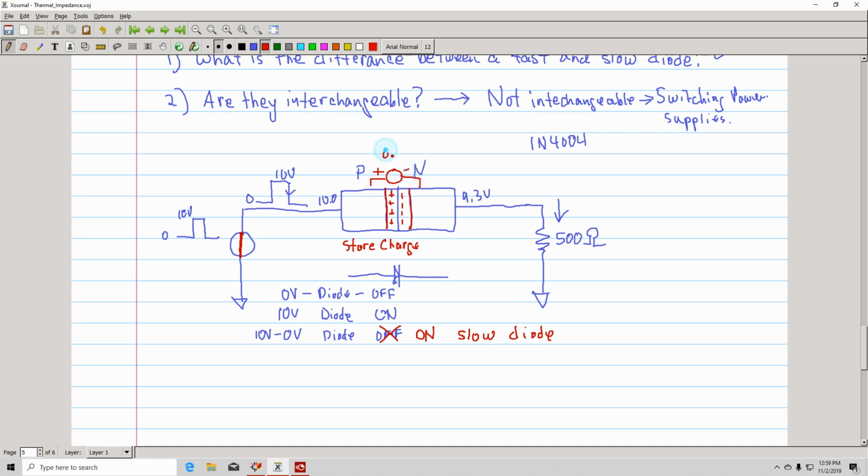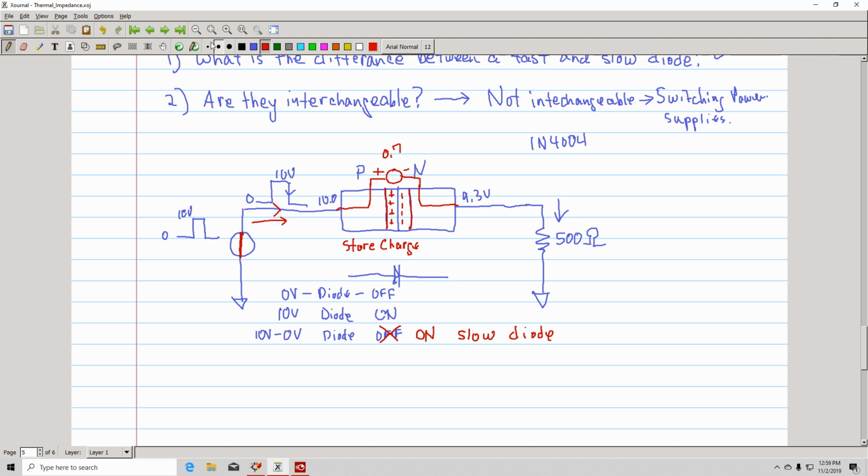Remember, when this was on, at 10 volts, the current was going in that direction.